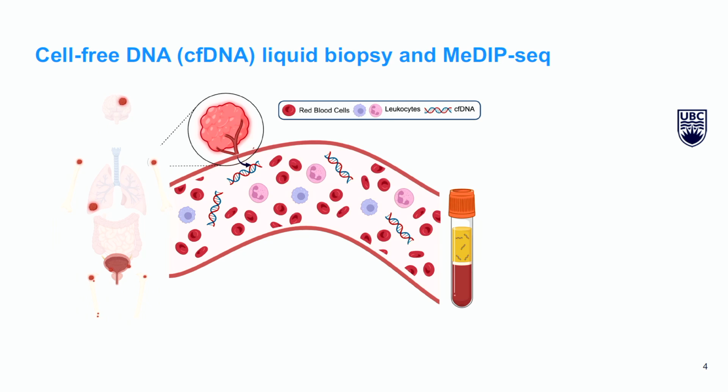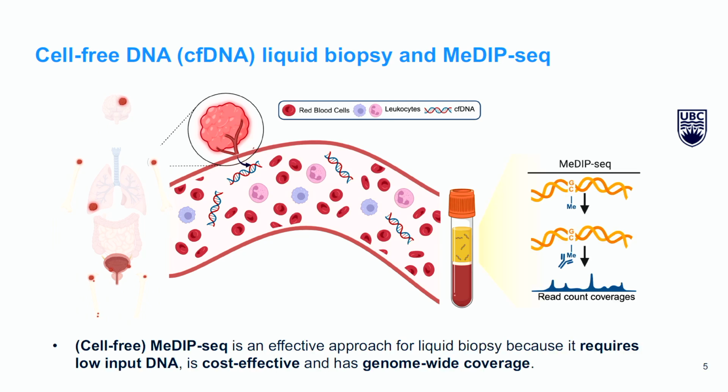So one of the motivating examples of our method is to understand the components of cell-free DNA in the context of a liquid biopsy experiment. Methylomes is one of the protocols that's suitable for this kind of application because it's effective.